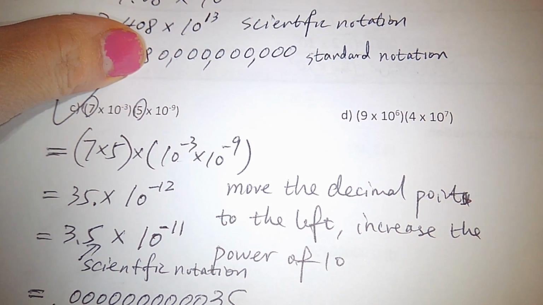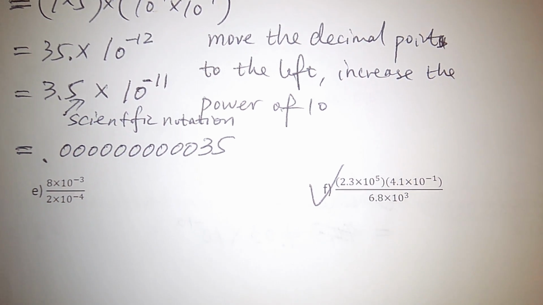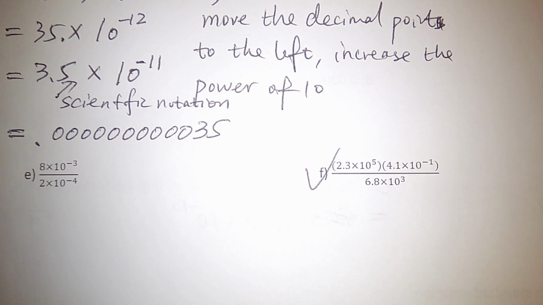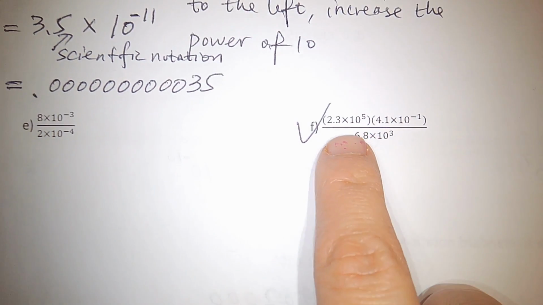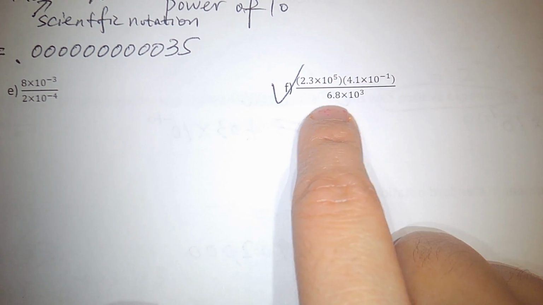You ready to try a division problem? Let's look at question F. 2.3 times 10 to the 5th, 4.1 times 10 to the negative 1, divided by 6.8 times 10 to the 3.